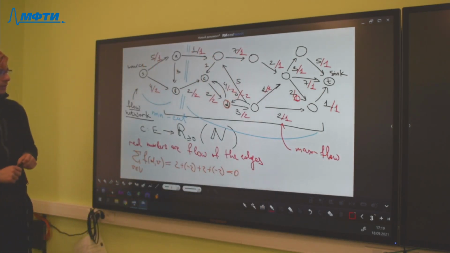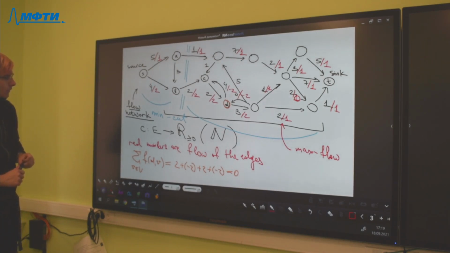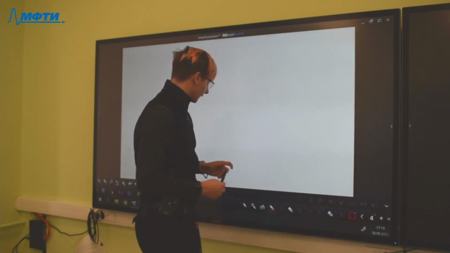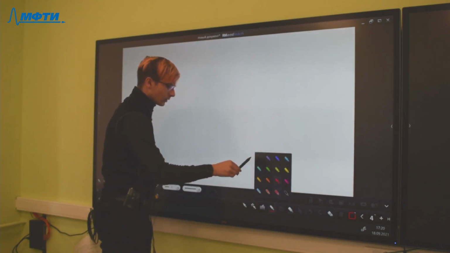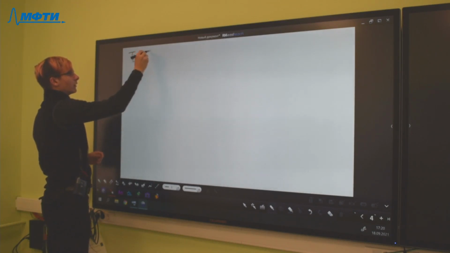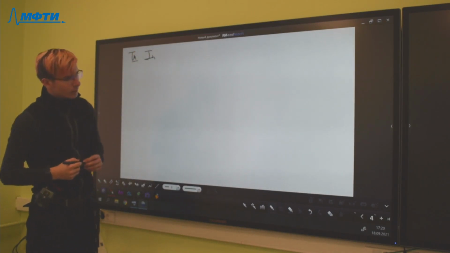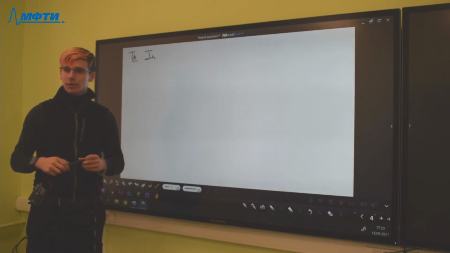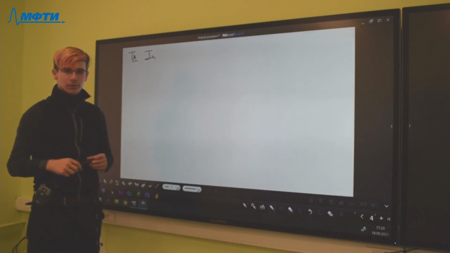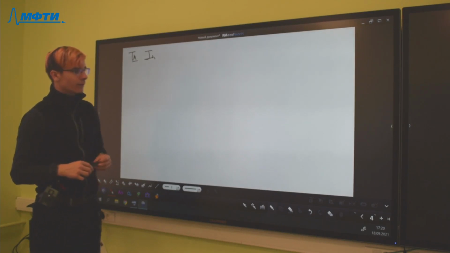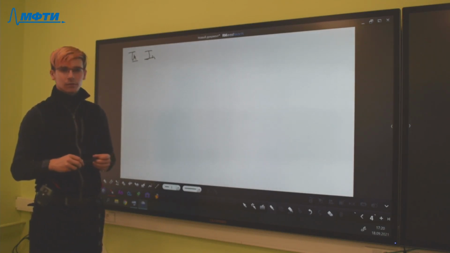And there is a theorem I can write: in any flow network, the capacity of the minimal cut is equal to the value of the maximal flow.